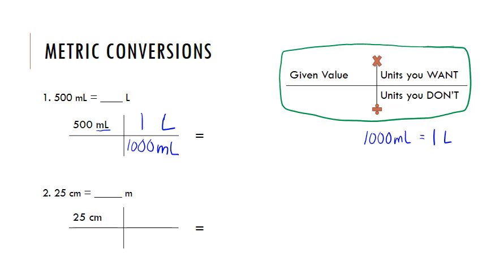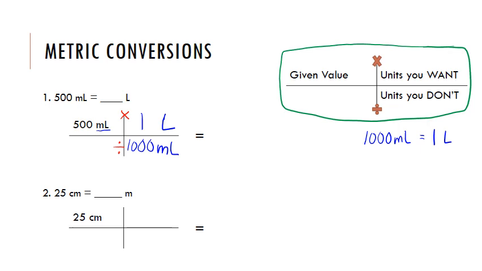Once we have that setup done, now we can take care of the calculations. Whenever we set up this chart, it doesn't have any math symbols in it, but we are going to multiply any numbers that are on the top, and we're going to divide by any numbers on the bottom. You can use a calculator for this, or you can do it in your head. So we have 500 milliliters times 1, then divided by 1,000.